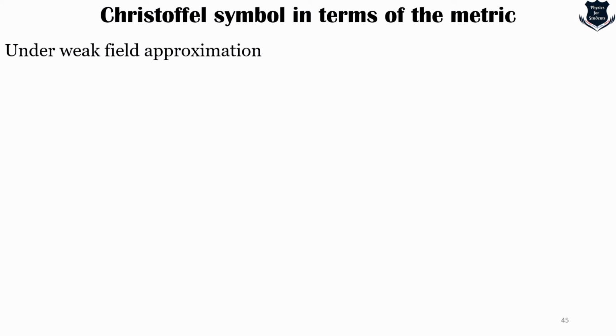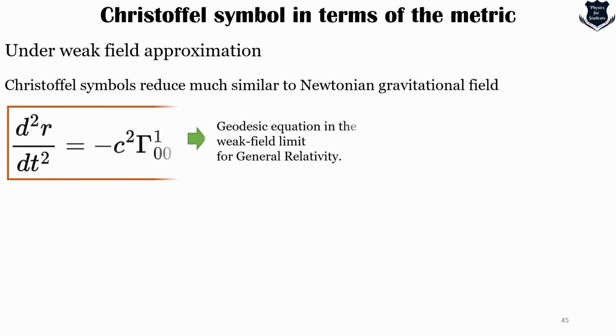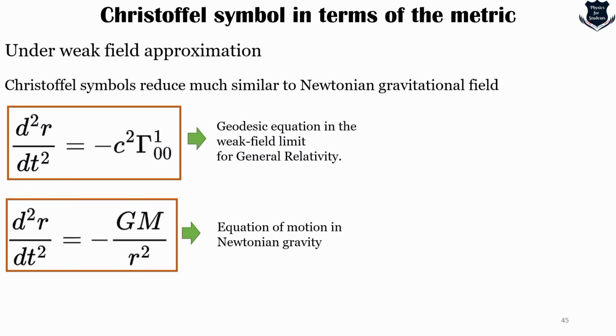Okay, now there is something called a weak field approximation. It is just a hypothetical case when gravity is weak, the complications are less, and things are moving slowly. You will see that the Christoffel symbols are reduced, which looks almost like the Newtonian gravitational field. So this is the geodesic equation of the weak field in general relativity, and you see this one.